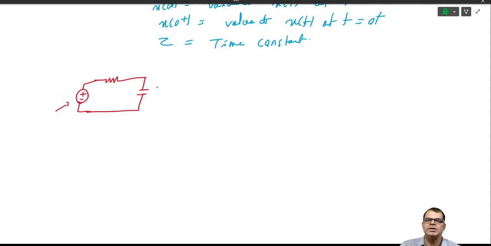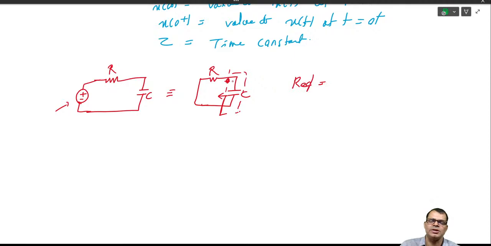When I reduce the voltage source, the situation is like this, R and C. Look from the energy storing element, box it, and see what the capacitor sees.